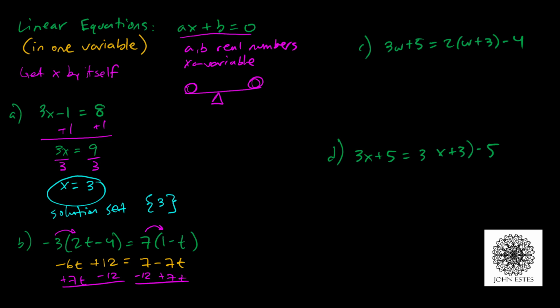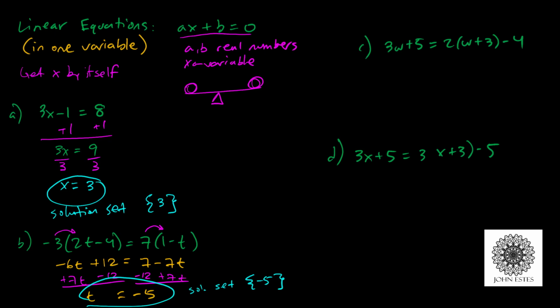Let's see, I end up with negative 6t plus 7t is 1t. The 12s cancel out, and then I end up with 7 minus 12, which gives me a negative 5, and then the 7t's cancel out. So I end up with t equals negative 5 as my solution. And again, if you wanted to write this as a solution set, that would be just negative 5 in braces.